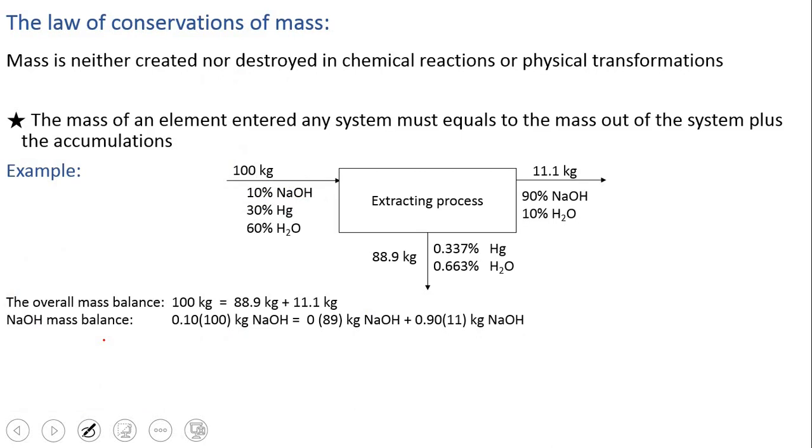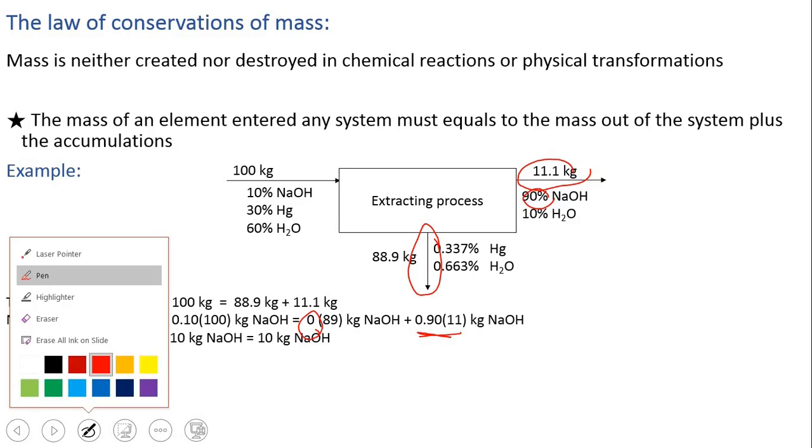Then in this stream we don't have any NaOH, so it will be 0 multiplied by the stream value, and in this stream we have 11 kilogram multiplied by 90%. Let's check if this is a valid equation or not. It will be 10 kilogram of NaOH entering equals 10 kilogram of NaOH leaving.